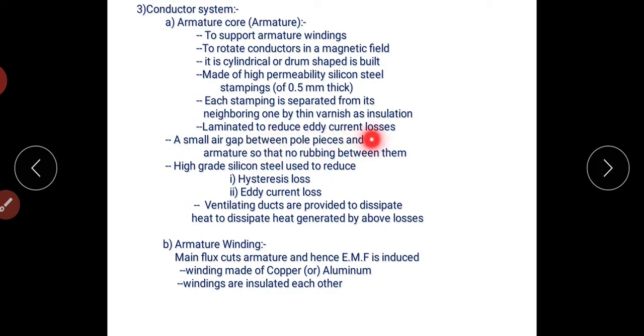Next, the field system and armature core are separated by a small air gap, so that there is no rubbing between them. High grade silicon steel is used to reduce hysteresis losses and eddy current losses. Ventilating ducts are provided to dissipate the heat generated by the above losses.